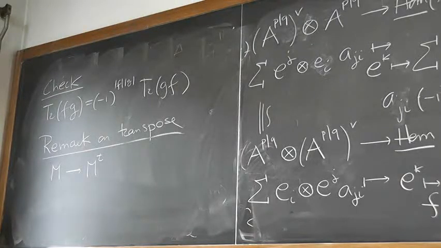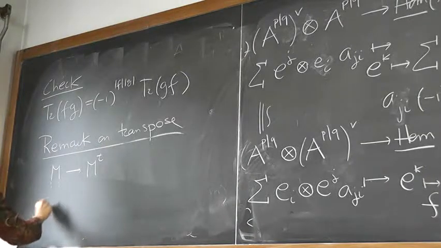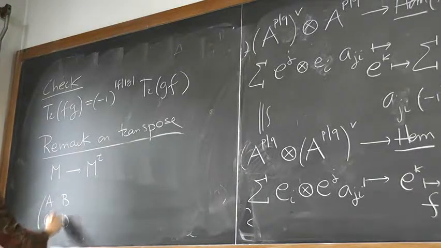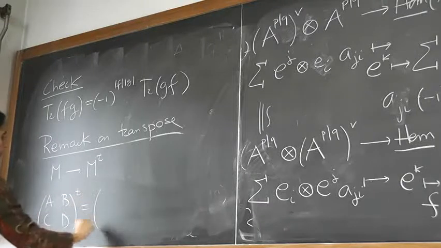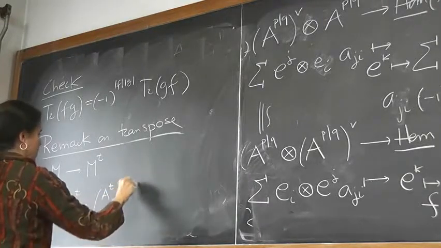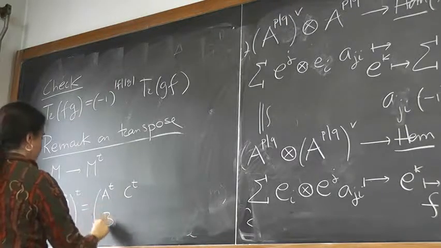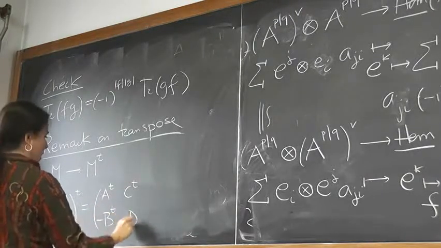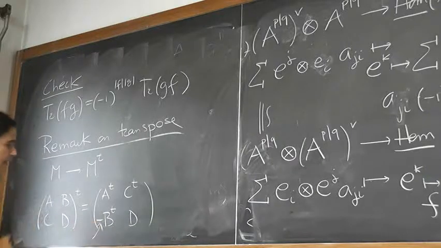Transpose four times. If you have the matrix A, B, C, D, the transpose is A transpose, C transpose, minus B transpose and D transpose. So there is a minus sign appearing here.